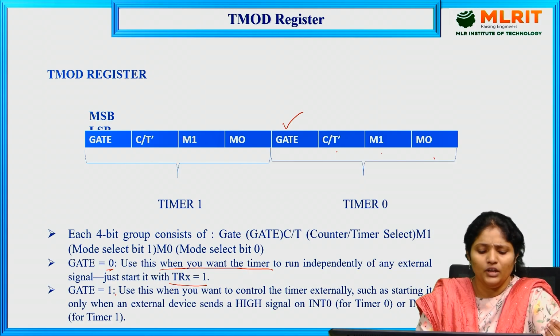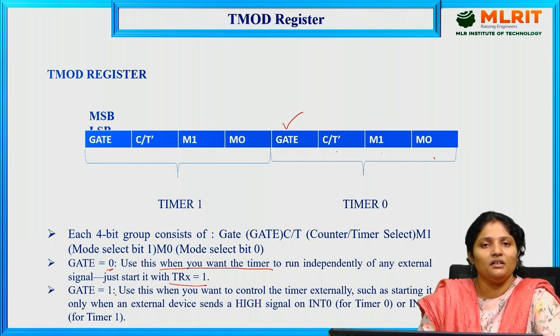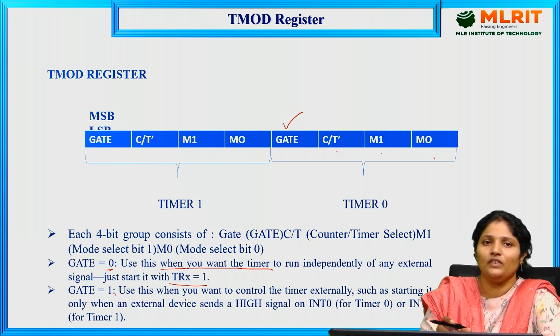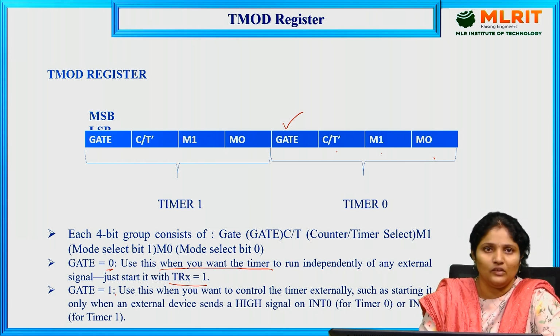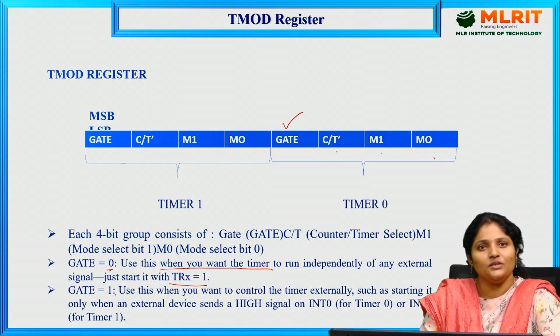So you can say that if the gate bit is 0, the software always performs the timing operations, like we will be writing one program, so software we will be utilizing. Most of the cases we will keep the gate bit as 0. If the gate bit is 1, then the timer external control will be there.